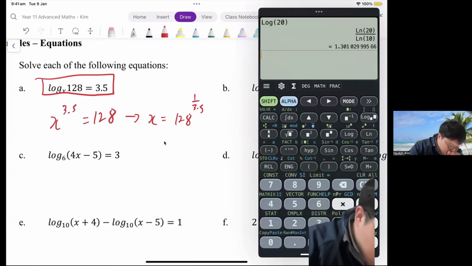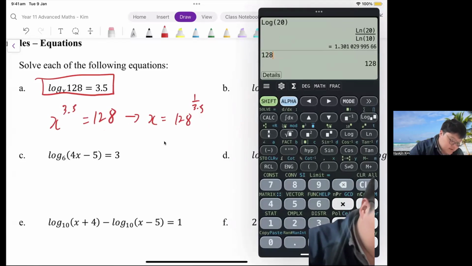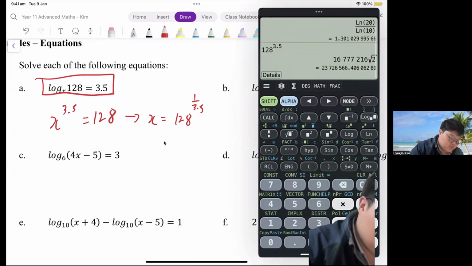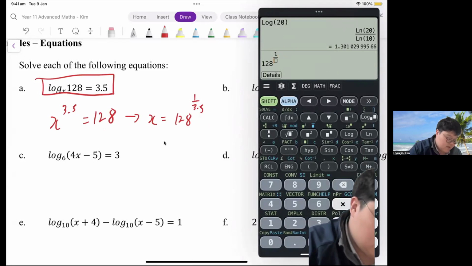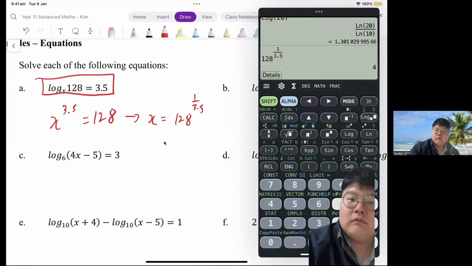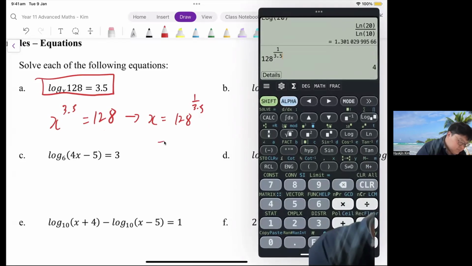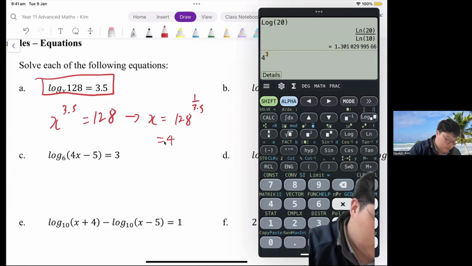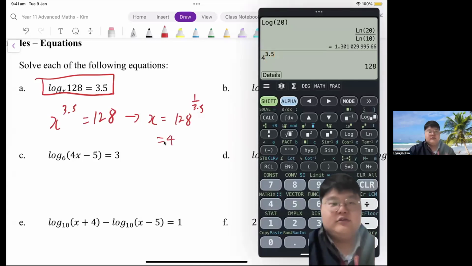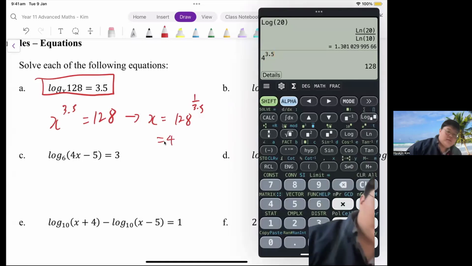So now that means you use 128 to the power of 1 over 3.5, and you get 4. If you want to just confirm, you can try it again. You can say, oh, 4 to the power of 3.5, what would that be? 128. You're just double checking it and seeing if it really makes sense.